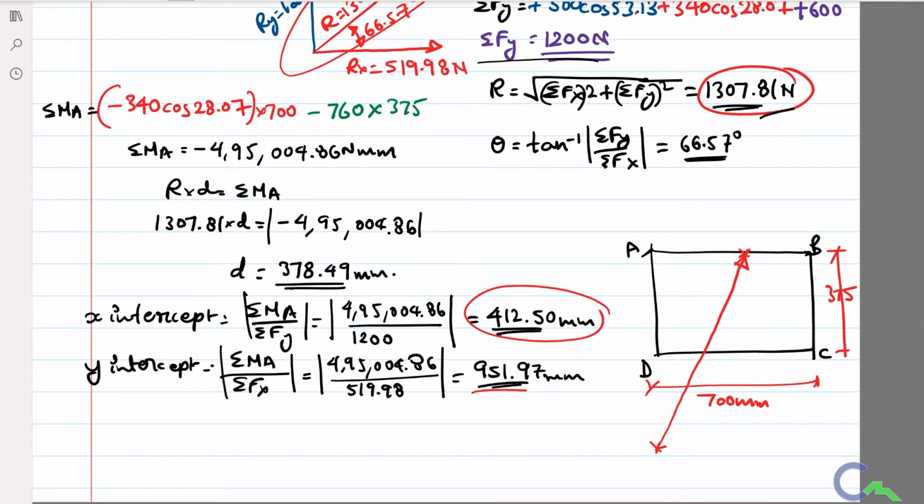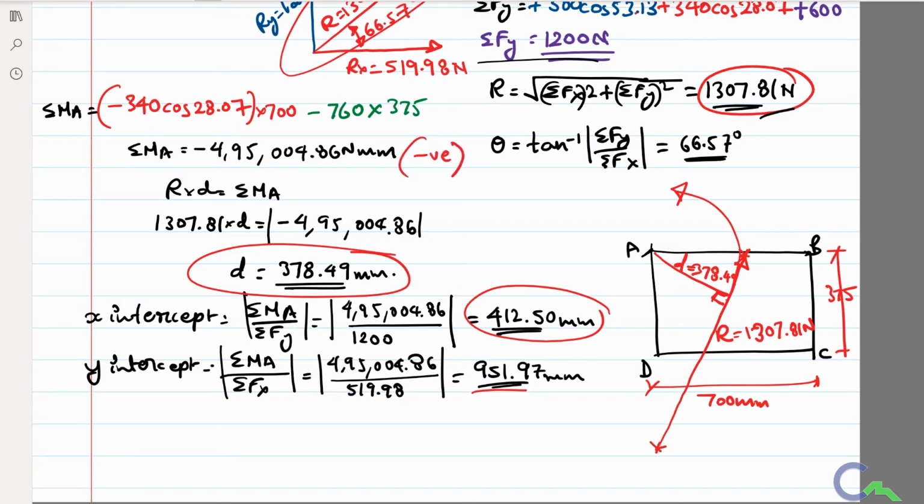So I will take this as D, that is lever arm for the resultant. So that D we got 378.49, then R value we got 1307.81 Newton. So if I apply this force, it is going to rotate in anti-clockwise direction, that is negative we are going to get.